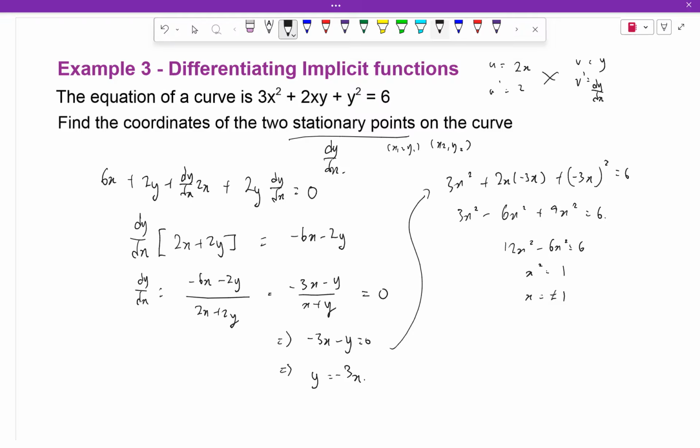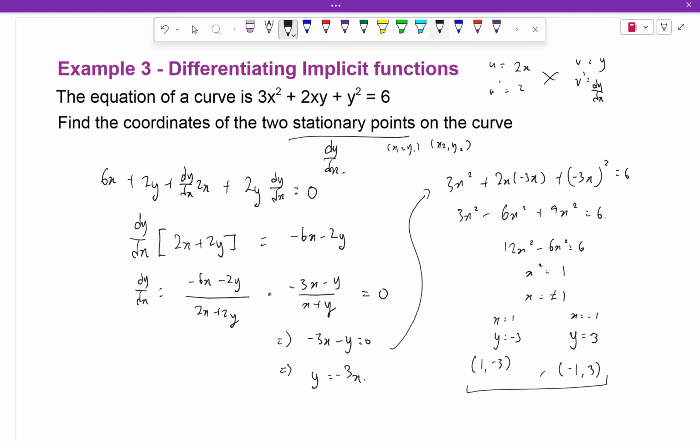When x equals 1, y equals -3, and when x equals -1, y equals 3. So the points are 1, -3 and -1, 3. Finished.